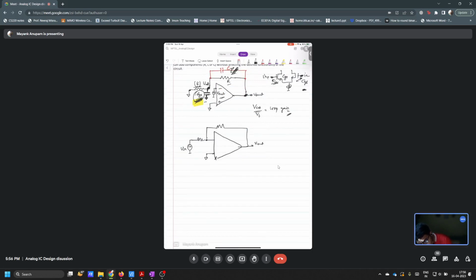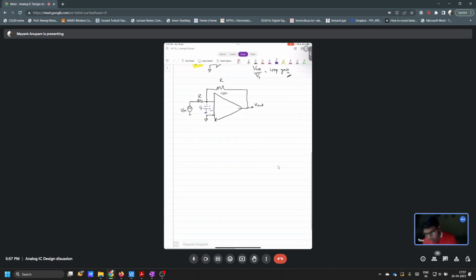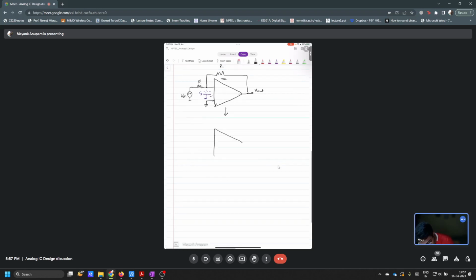So earlier the situation was like this. This was R, okay? There was a capacitor C and CP. This is CP, okay? Now what happened? You changed it to this situation here.